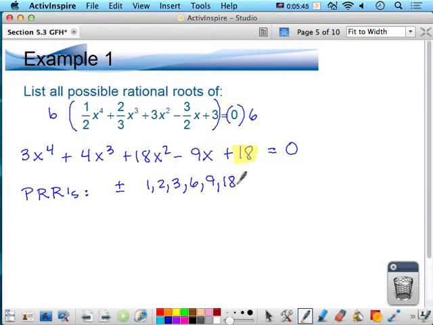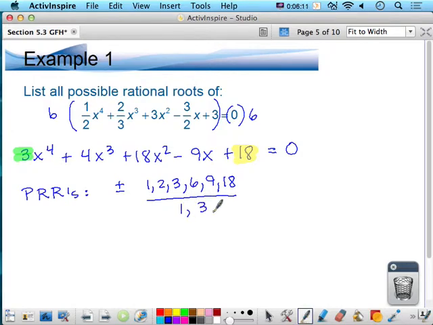So that will comprise our numerators. Positive 1, 2, 3, 6, 9, 18, or negative 1, 2, 3, 6, 9, 18. And then we stack those over all of the factors of the leading coefficient. So all of the factors of 3 will make up our denominator, 1 and 3.